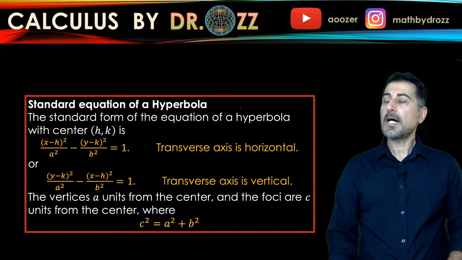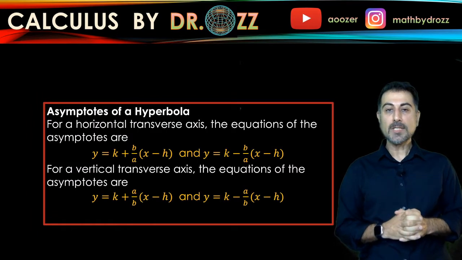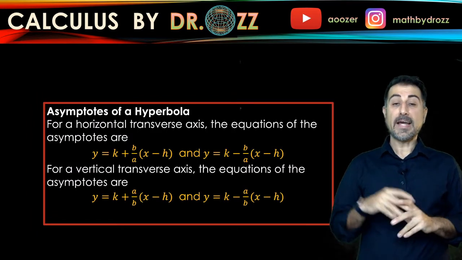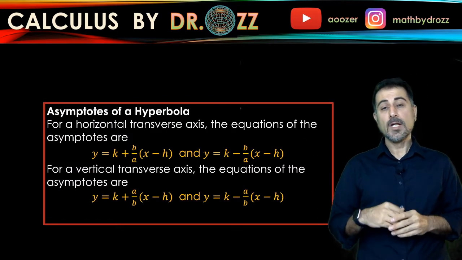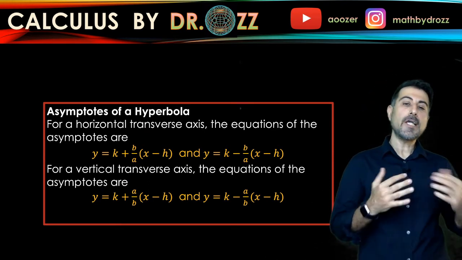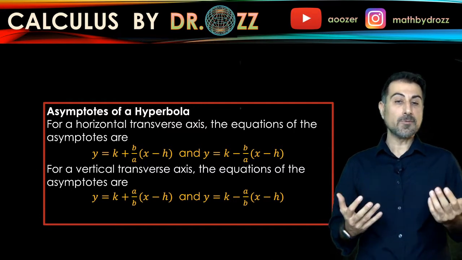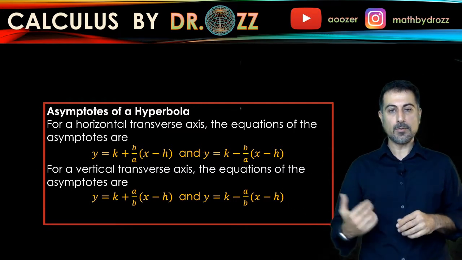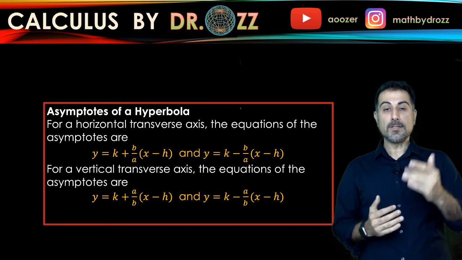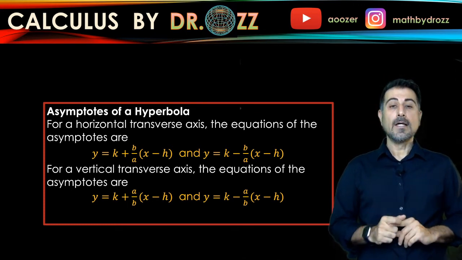When you're talking about a hyperbola, you should also talk about the asymptotes of a hyperbola. In part A, we were given the asymptotes, and the equations of the asymptotes change depending on whether the transverse axis is horizontal or vertical. To write those equations down, you need h and k, and b and a again.